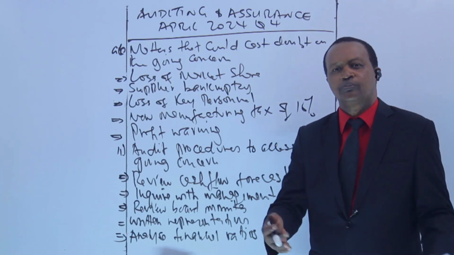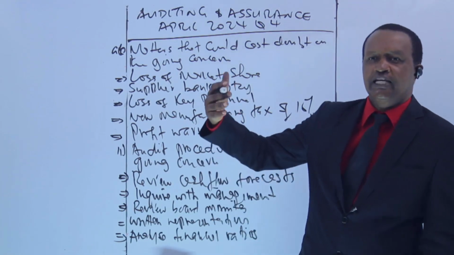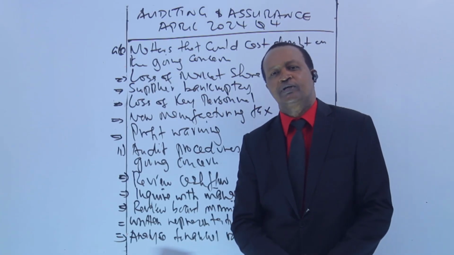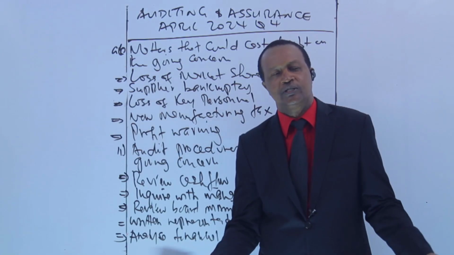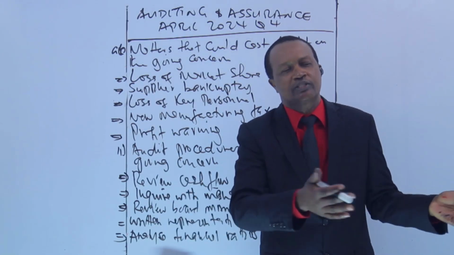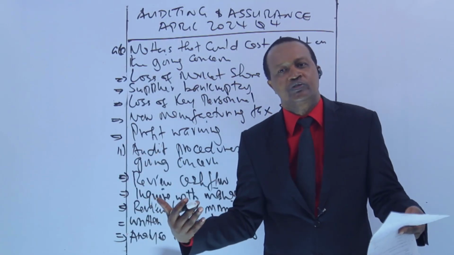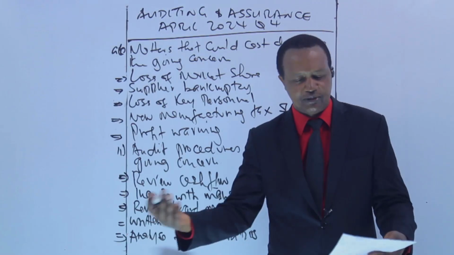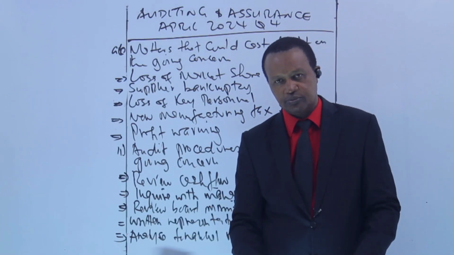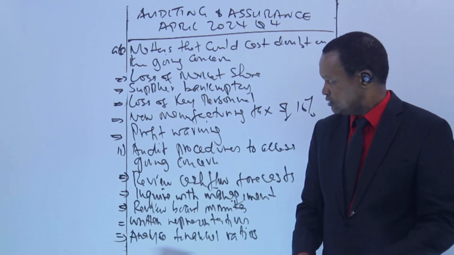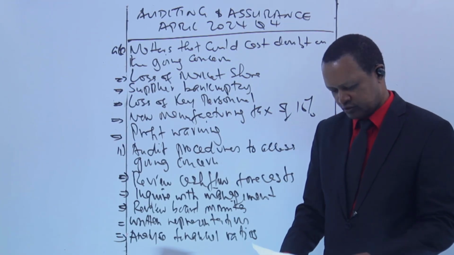Then you can also compare these ratios with the industry standards, right? Compare the ratios with the industry standards, because some industries have standard ratios that companies follow. Compare the ratios again with the prior periods to identify any significant deterioration in the company's financial position. That's it for that part of the question.